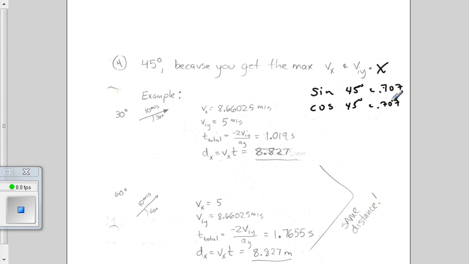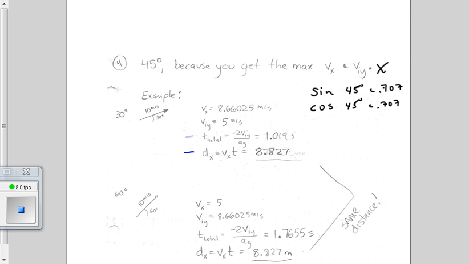In any case, let's show you how two angles, in this case 30 and 60, that both add up to 90, end up hitting at the same place. So we took a launch angle of 30 degrees with a Vxy of 10 meters per second and broke it up. You can see Vx is 8.6 meters per second, Viy is 5 meters per second. Found the total time in the air and found dx, and it goes about 8.8 meters.